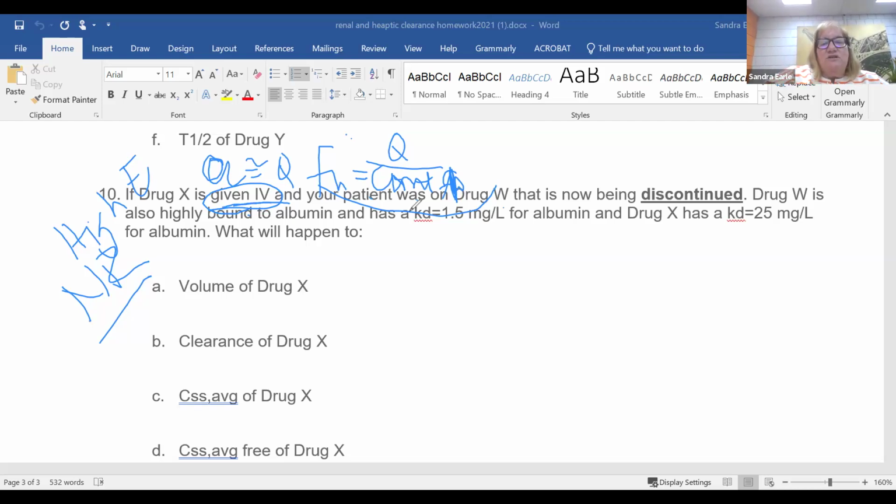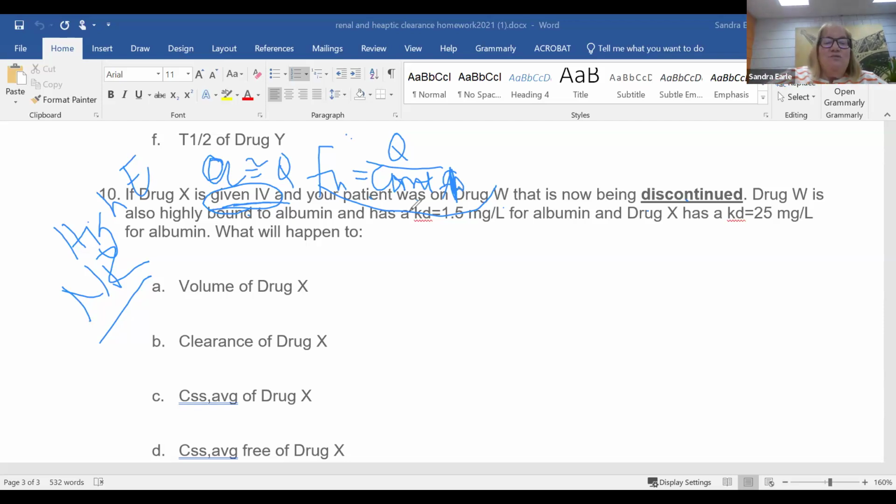Your patient is on drug W, which is now being discontinued. We often are really on high alert when drugs are added, because we think of drug interactions, but when they're discontinued, there are also drug interactions, right?